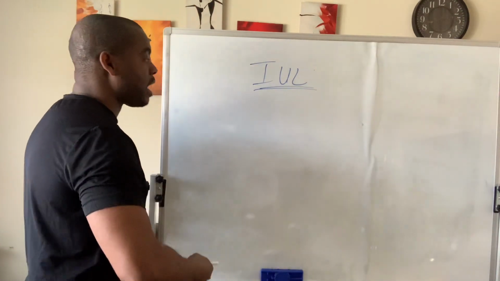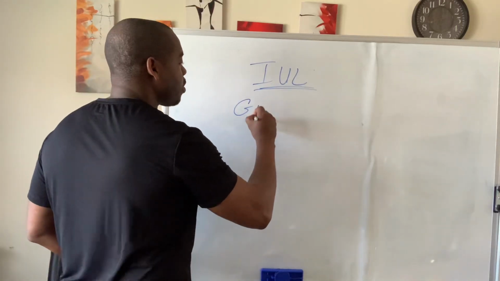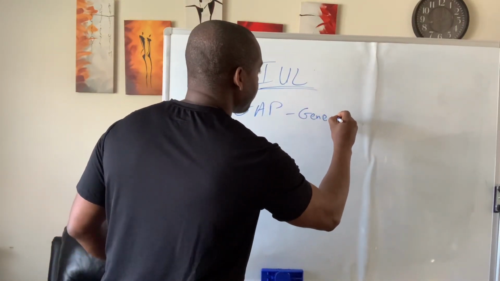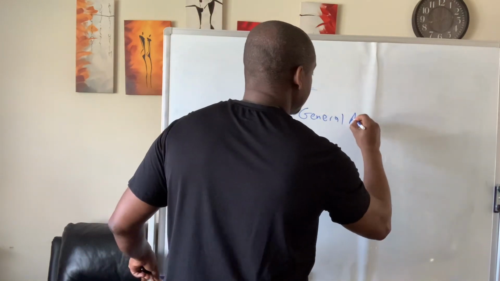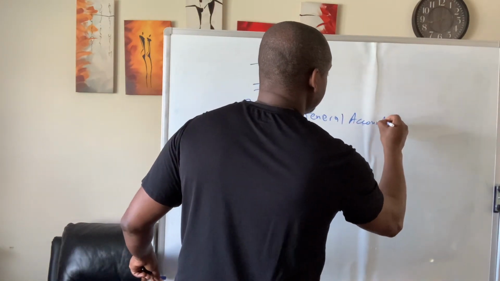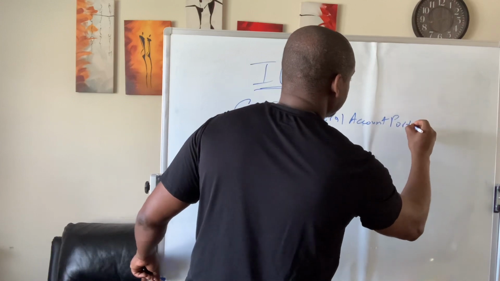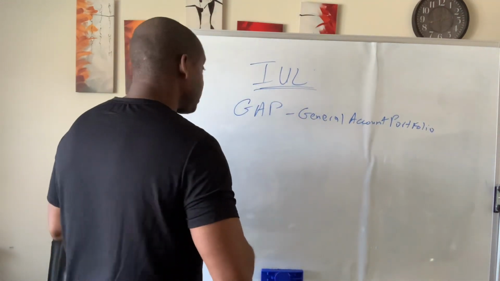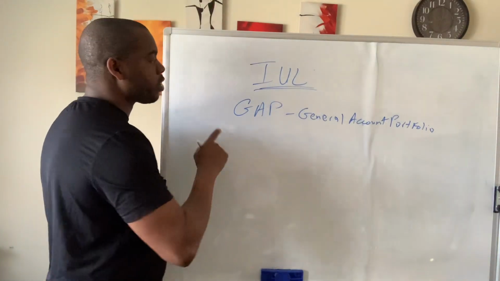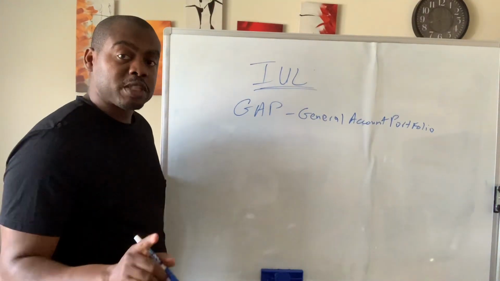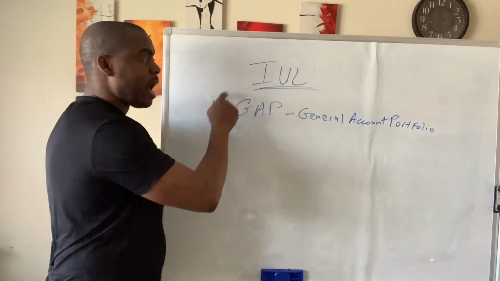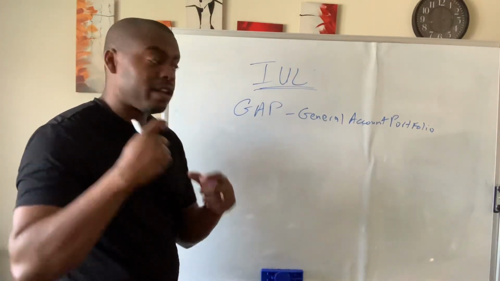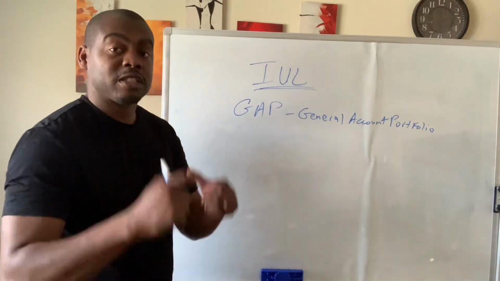That area is the general account portfolio. That's why they can give you 4% in the general account portfolio. A lot of people don't know this, but you also have that option within Index Universal Life. This is why I love an Index Universal Life, because it's flexible.